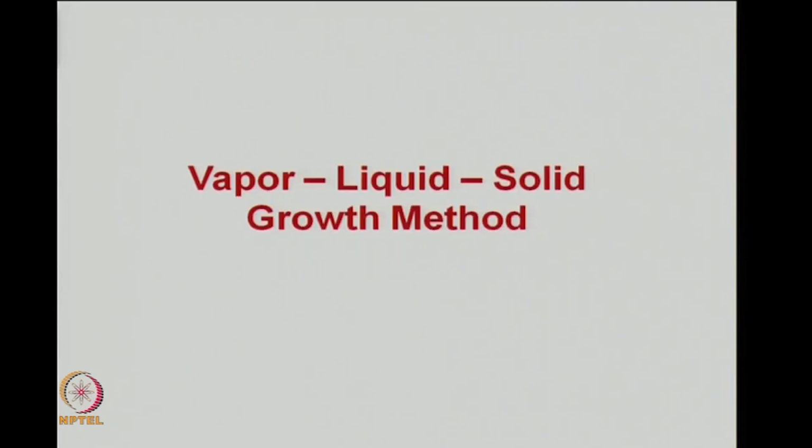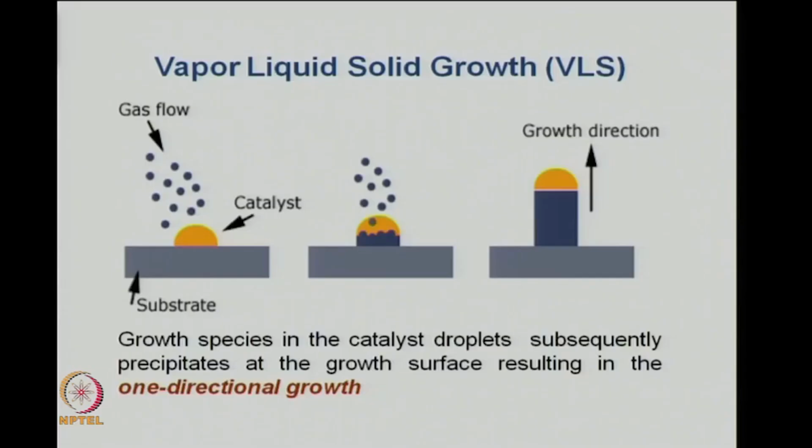So, today we will start a new method of synthesis of nanostructured materials, which is the vapor liquid solid growth method, and as you understand, you go from the vapor to the liquid and the solid, all 3 phases are involved in this particular method. So, diagrammatically in one picture we can try to understand what is going on in the VLS process.